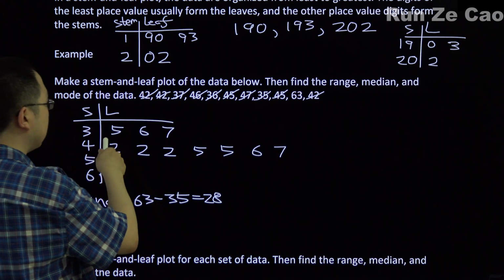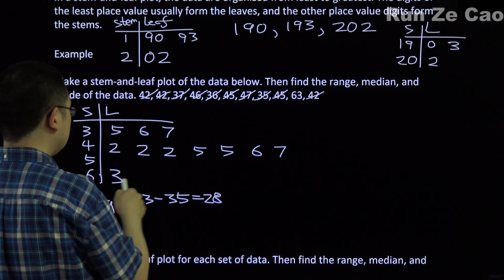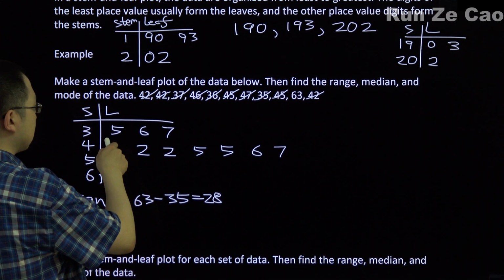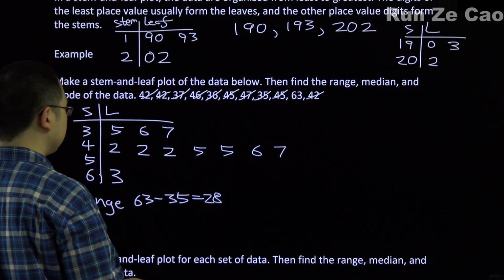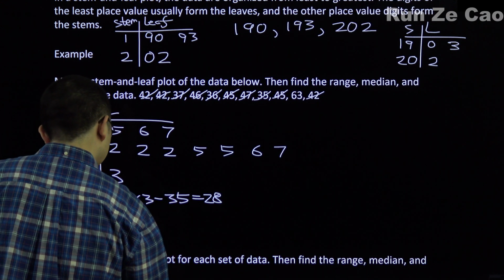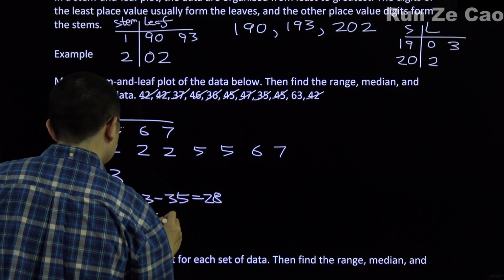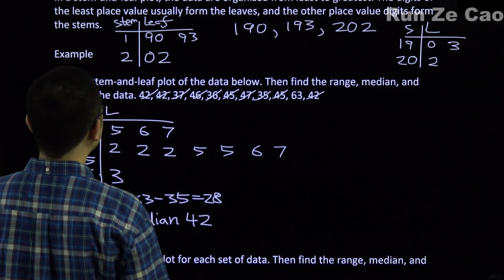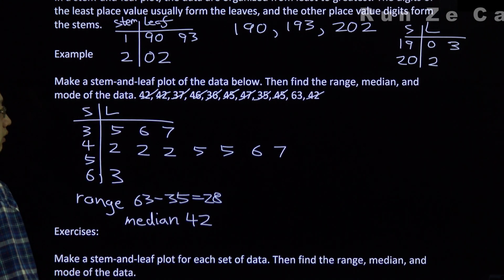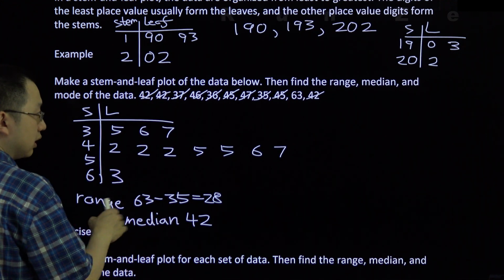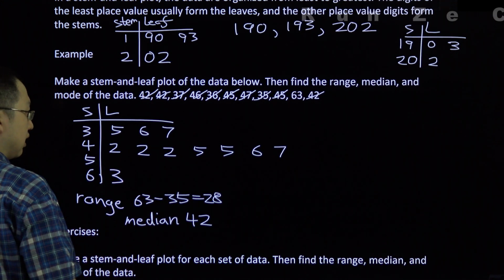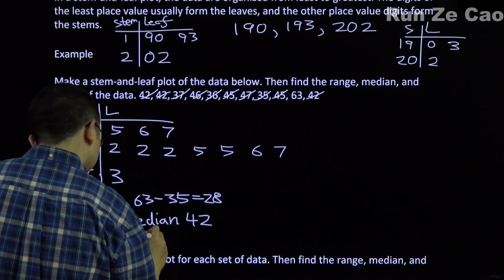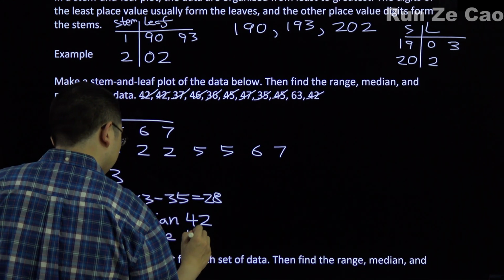It's pretty easy to count them up: 1, 2, 3, 4, 5, 6, 7, 8, 9, 10, 11. Okay, 11 data points means that the 6th one is going to be the median. Median: 42. The mode of the data: the most frequently occurring number is, of course, 42, since you can see that there are 3 42s. Mode: 42.